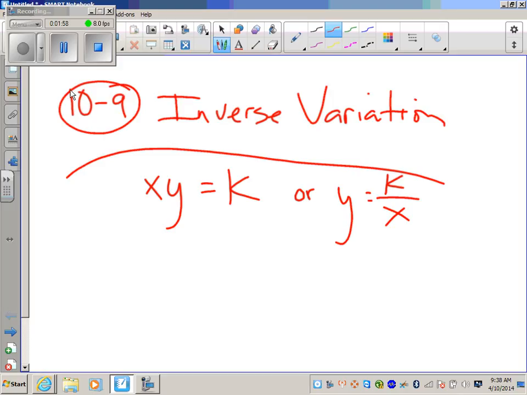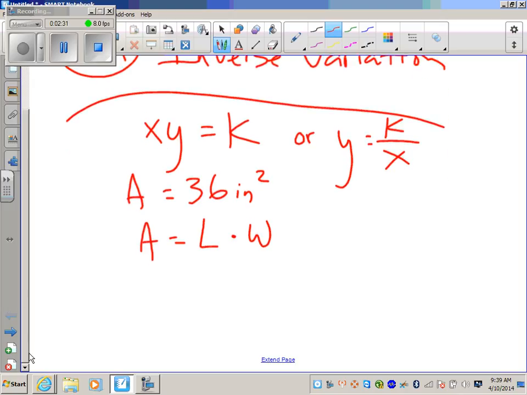Look at number 1. The area of a rectangle is 36 square inches. What are the possible integer values of its length and width? Okay. So if we think about that, the area is equal to 36 inches squared. The formula is area equals L times W, length times width, for a rectangle.